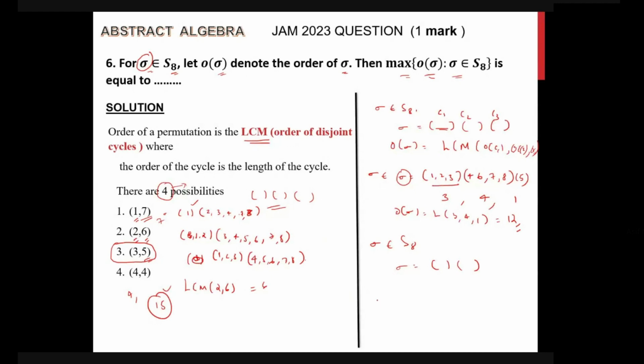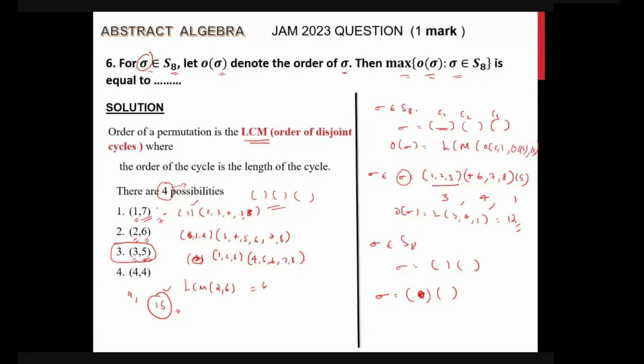So if we have a sigma with a 3-cycle and a 5-cycle, then the order of that permutation is 15. So there is no other possibility which has greater order.